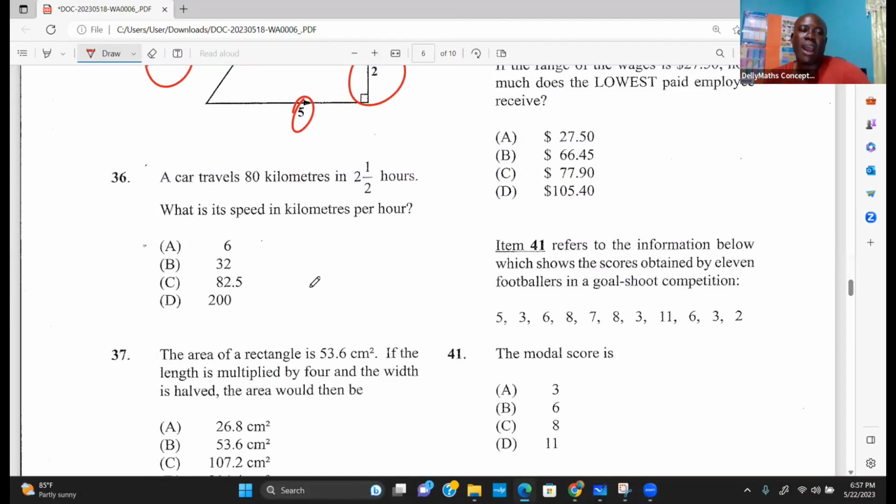36. A car travels 80 km/h in 2.5 hours. What is the speed in km/h? Anybody? Quickly.